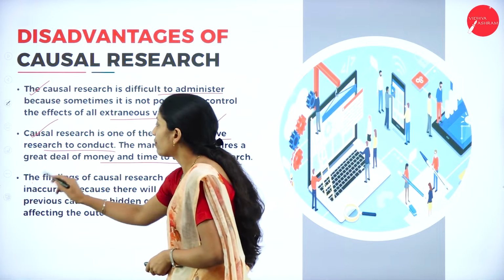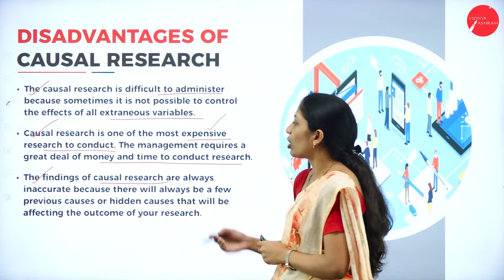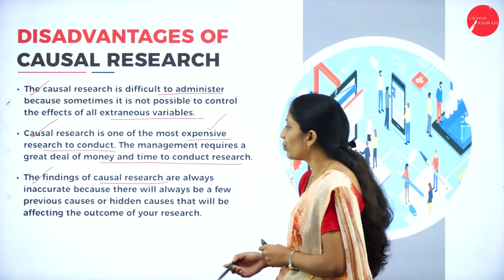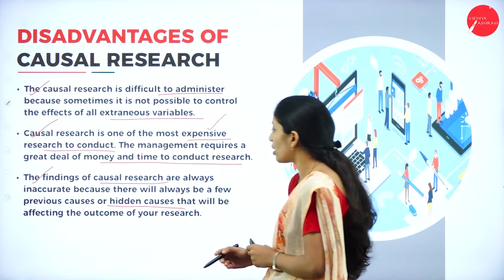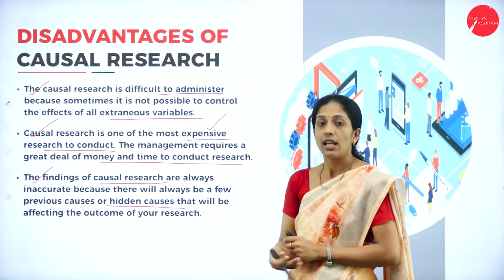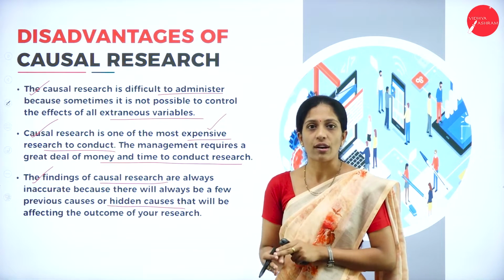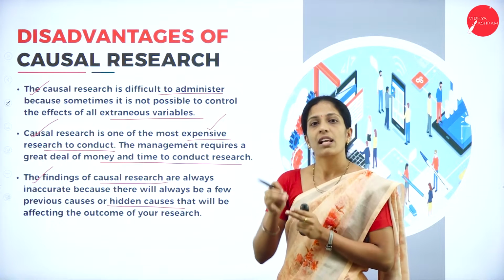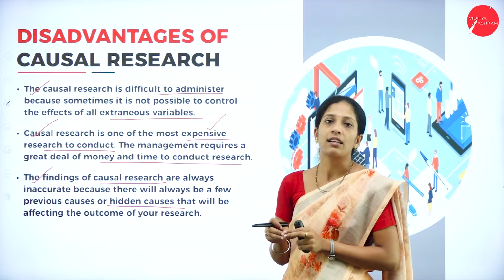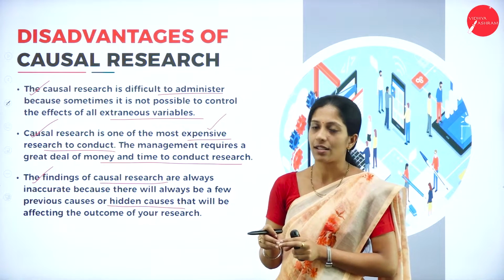The next one is, the findings of causal research are always inaccurate because there will always be a few previous causes or hidden causes that affect the outcome of your research. Suppose the previous research is not successful. In that case, if the researcher refers to the previous case, then the current research also will not be successful.